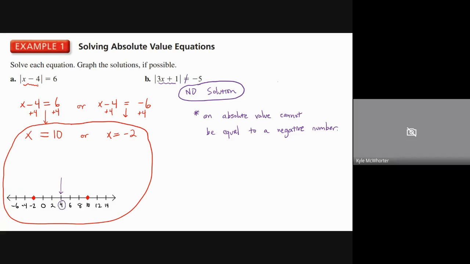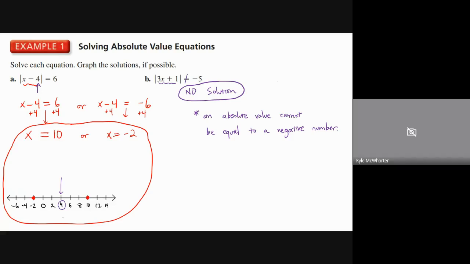And then you notice that there's a 4 right there. And then how far from that middle number is each one of these solutions? 2, 4, 6 to the right gives you 10. 2, 4, 6 to the left gives you negative 2.